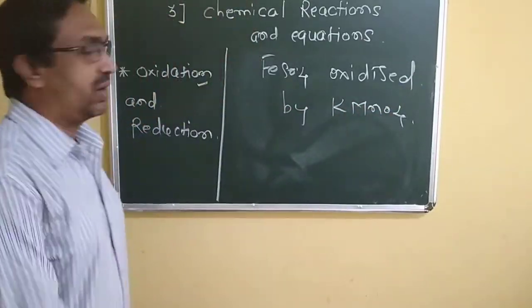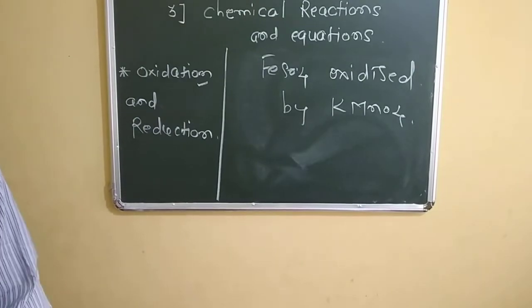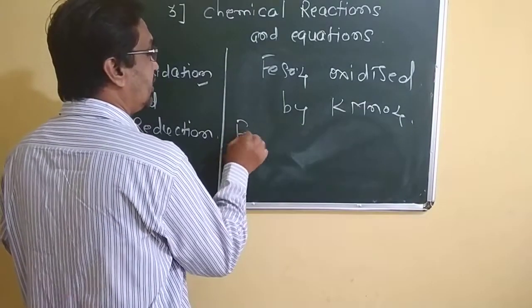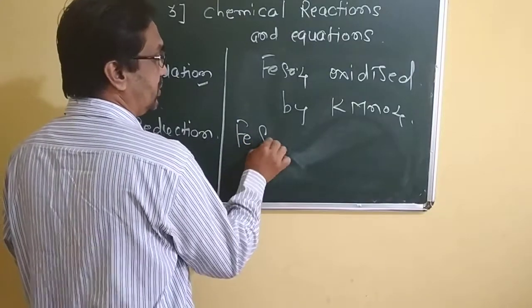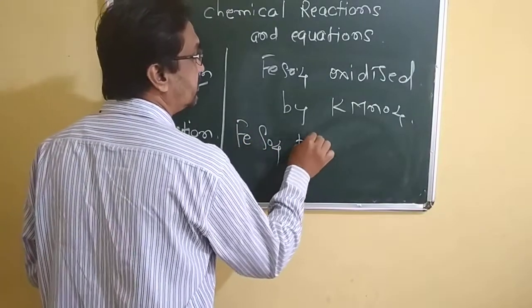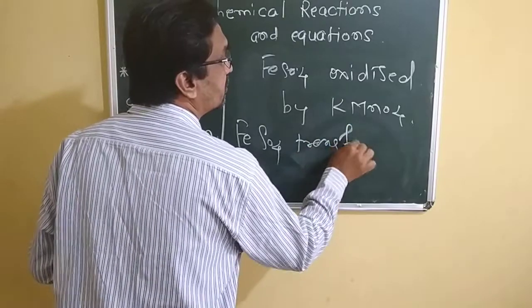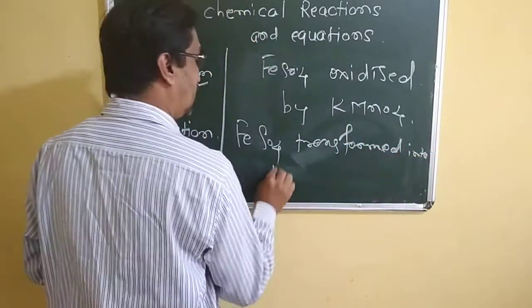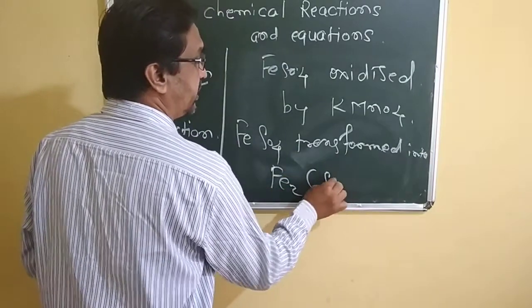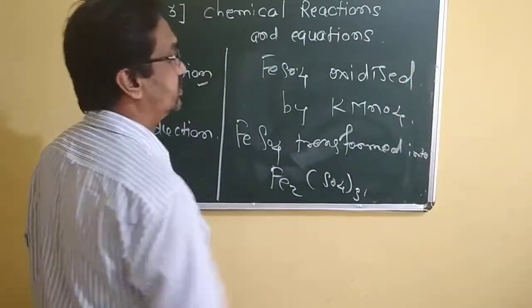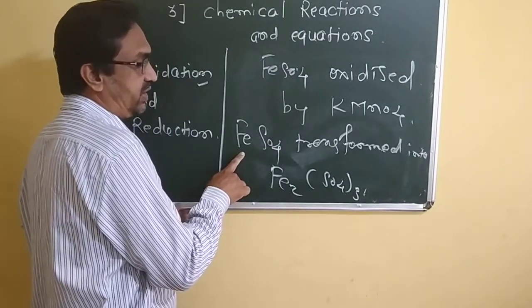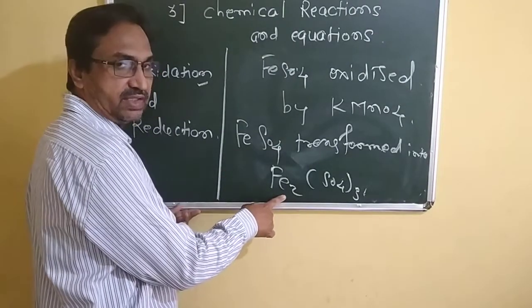And how is it oxidized? They have told us that FeSO4 is transformed into Fe2(SO4)3, that is, ferrous sulfate into ferric sulfate.